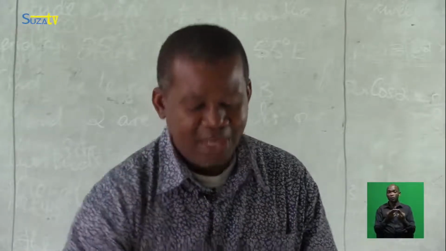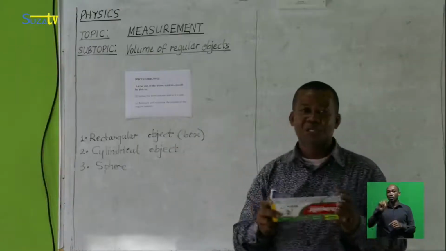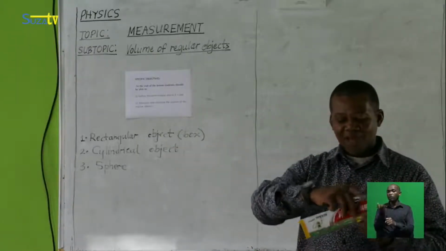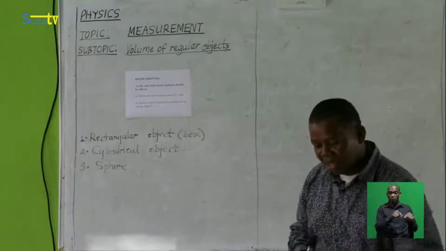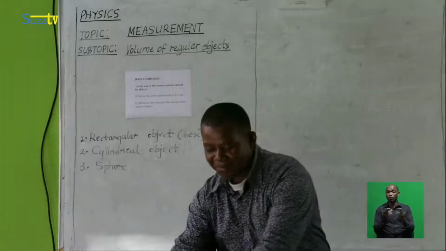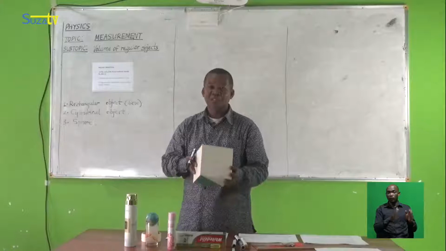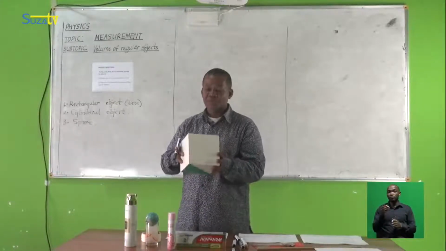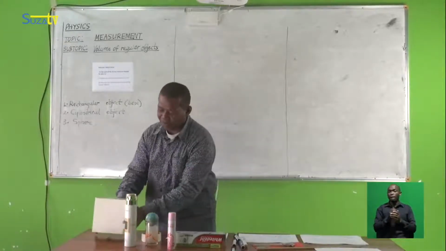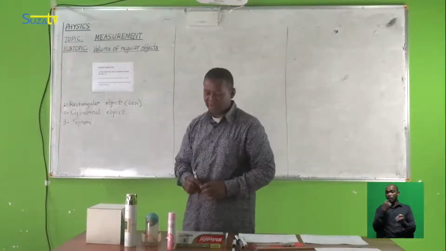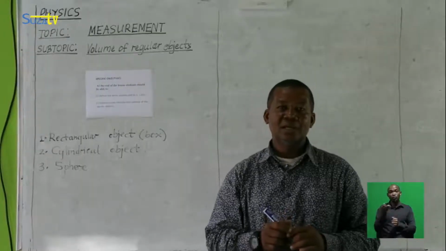Also, we have a box, the rectangular object, and the amount of space occupied by the box. We also have another special feature for the rectangular object. This is a cube, and we have the space that is occupied by the cube. So we can say that the space occupied by an object is called volume.